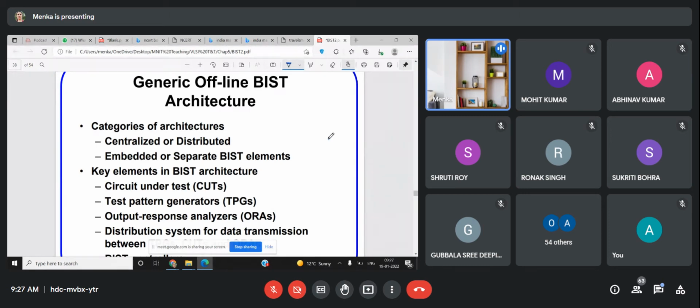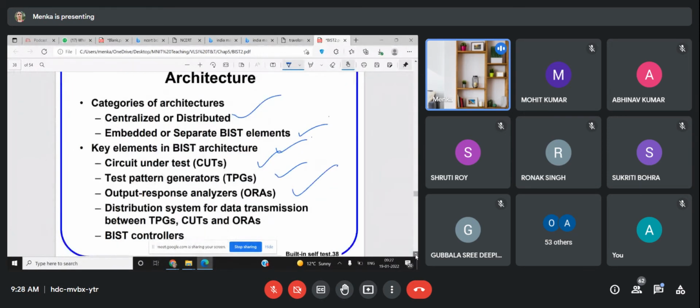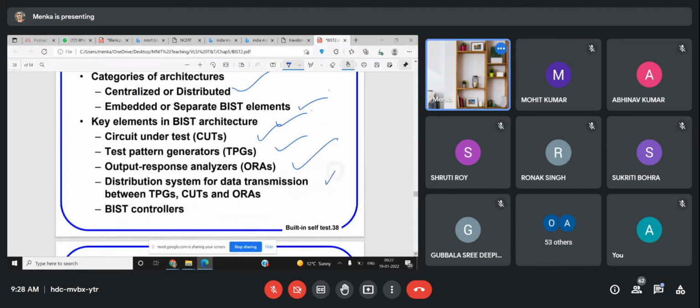First one is centralized or distributed, embedded or separate BIST elements. Key elements are similar to the previous one we have discussed: CUT, test pattern generator, ORA, output response analyzer. Apart from this, you will also have a distribution system for data transmission between all these three, and BIST controllers are also needed.